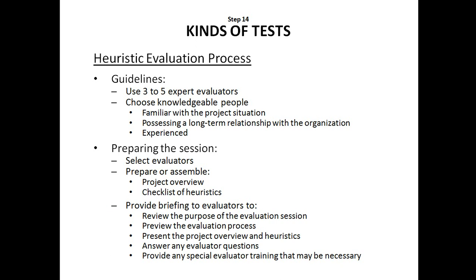They are very familiar with the project situation, they possess a long-term relationship with the organization, and they should be experienced in the domain. After that, we need to prepare the session. We need to prepare them, as well as assemble a project overview and provide a checklist of heuristics to them.